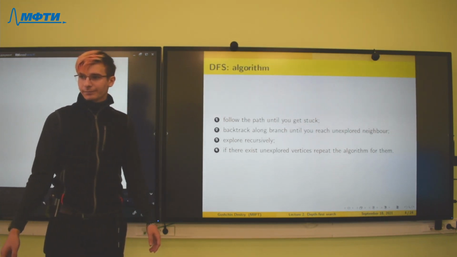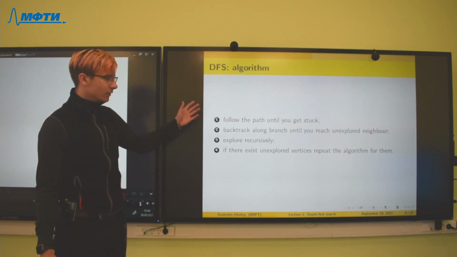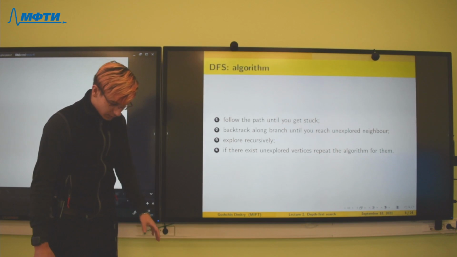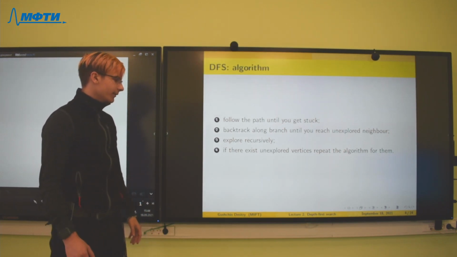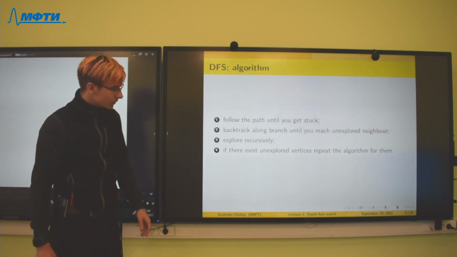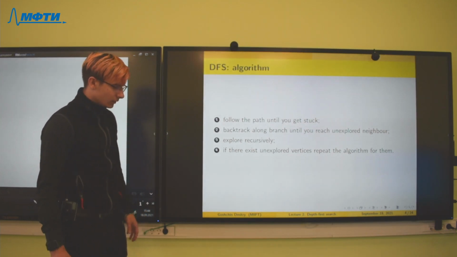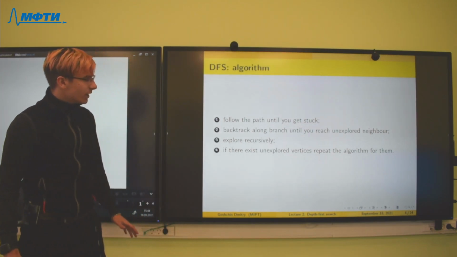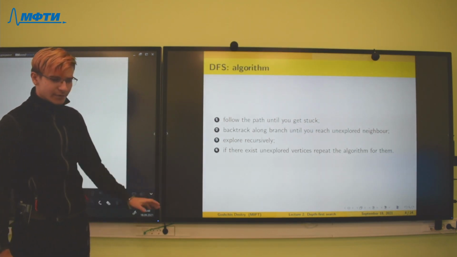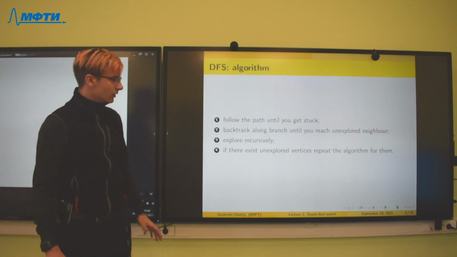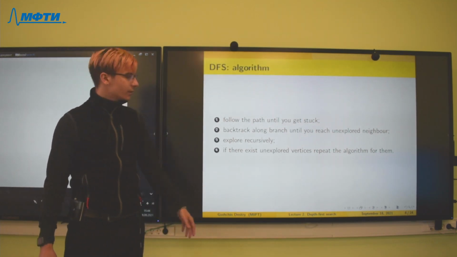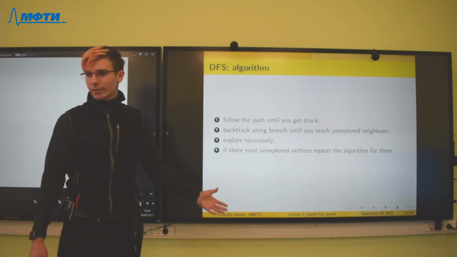And if we end the first 3 steps and we still have unexplored vertices in the graph, for example if it is an undirected graph, we say that this graph has several connected components and repeat this algorithm for the other component. Okay.